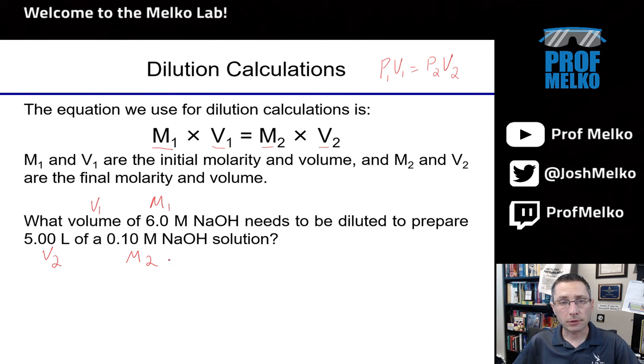And now we plug in the numbers, okay? M1, 6.0 molar. V1, that's what we're after, equals M2, 0.10 molar, times V2, 5.00 liters. And now we simply solve for V1. Divide both sides by 6 molar.